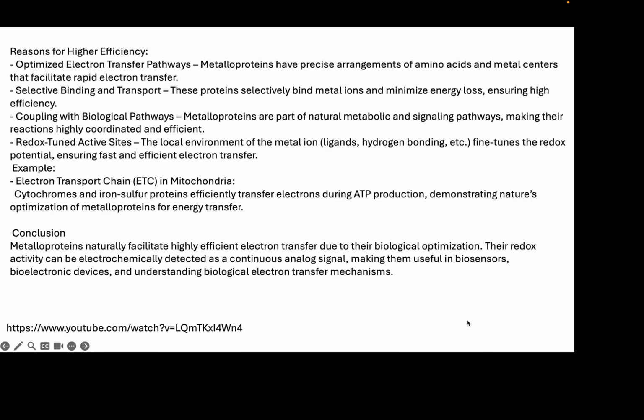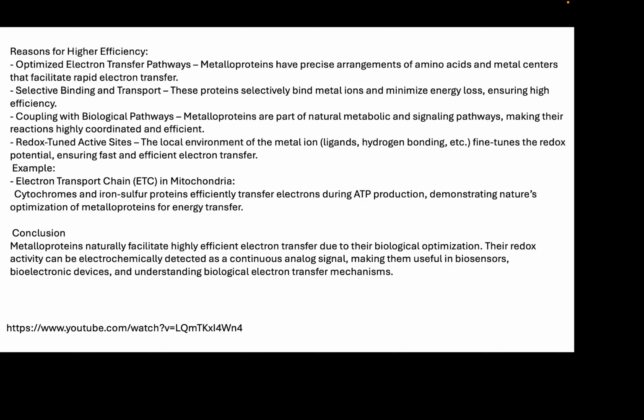As you understand, even for the standard hydrogen electrode, we are assuming that the reactivity will be 1, right? But in reality, it is not. But if we talk about metalloproteins, millions and millions of years of evolution have put that particular element in a protein, which means it has already been optimized for the best function that protein can perform with that element associated with it.